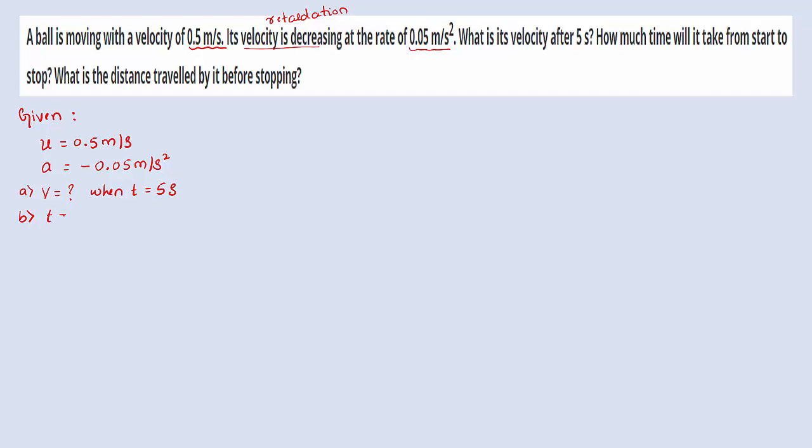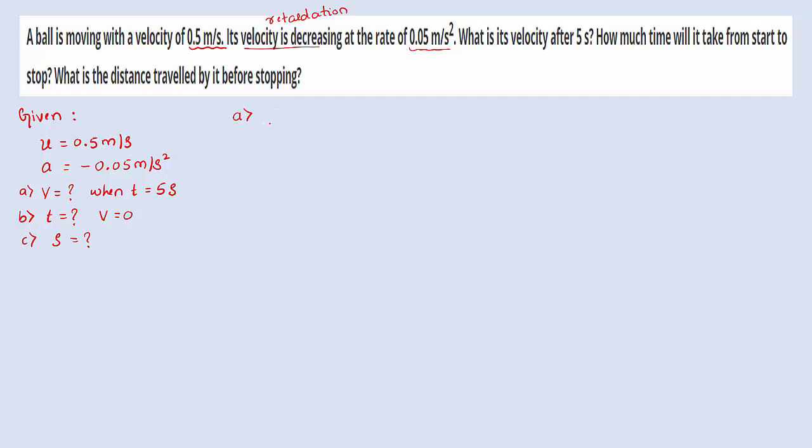We have to calculate t from start to stop. Start to stop means final velocity is 0 here. And the third sub question is what is the distance traveled by it before stopping? So we have to calculate displacement when it comes to rest. So these are the givens. First we have to solve final velocity.